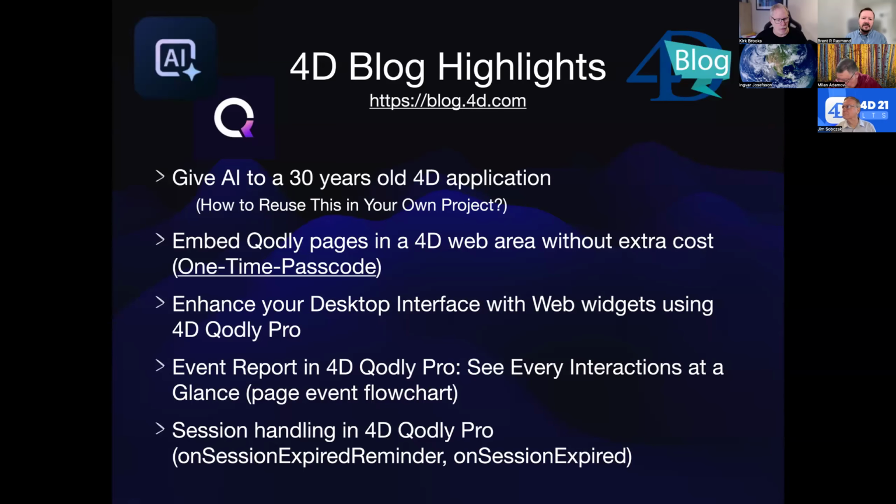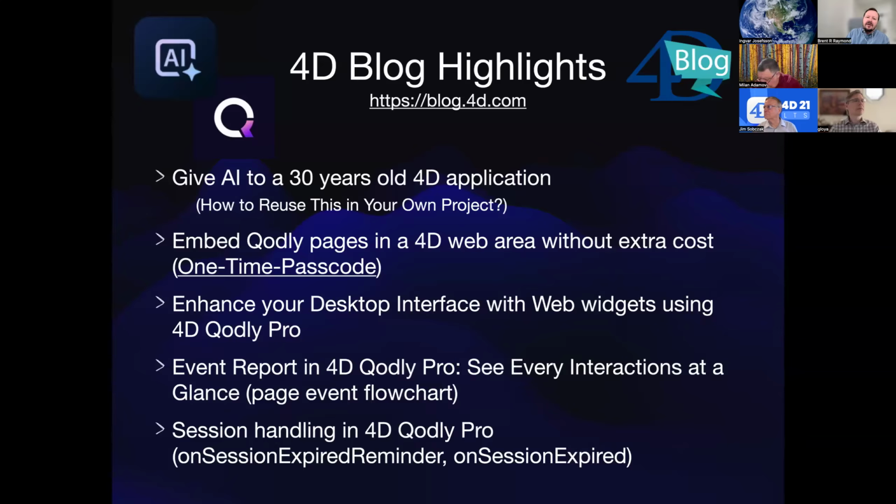It's a good place to check back in periodically to see what kind of demos and how they describe the features that are becoming available. But here's a few of the most recent articles in the blog that I chose to highlight.